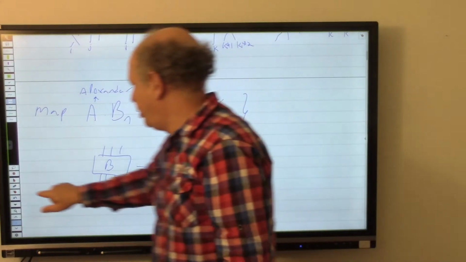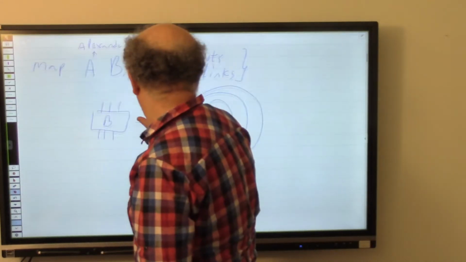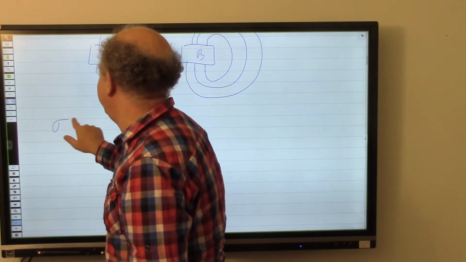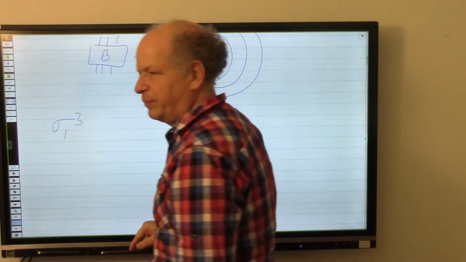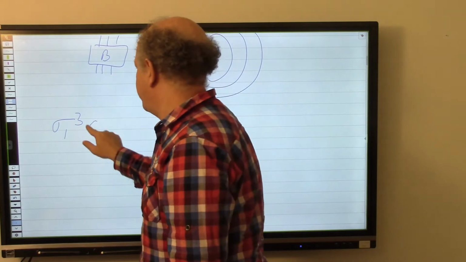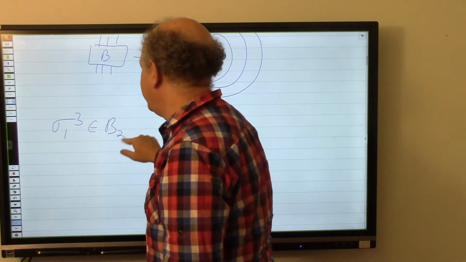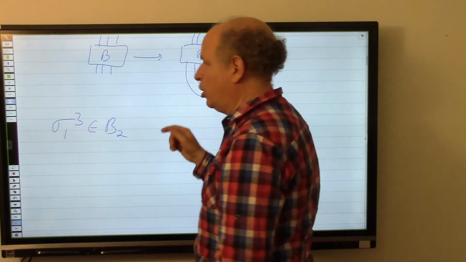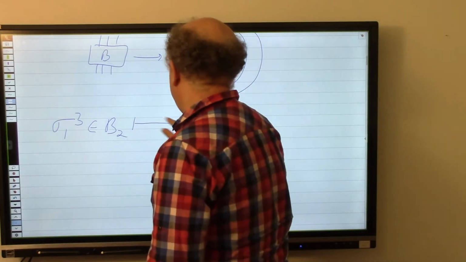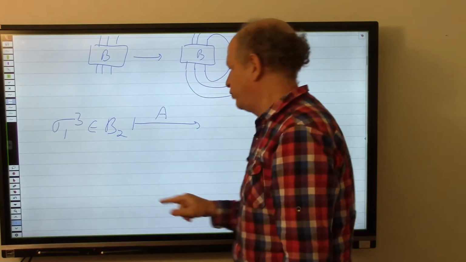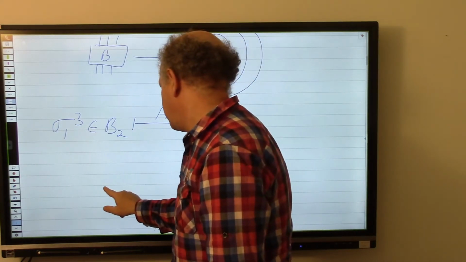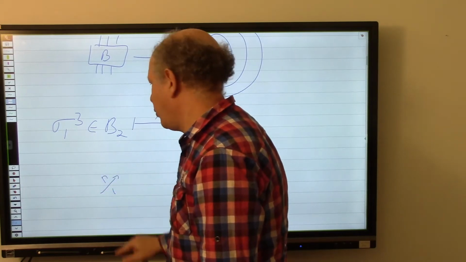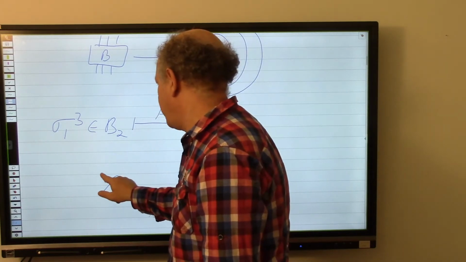Maybe an example. So consider the braid sigma 1 cubed, which is a braid inside the braid group on 2 strands, and let's compute what is its closure. So let me draw it. So here is sigma 1. Now let's do sigma 1 3 times.